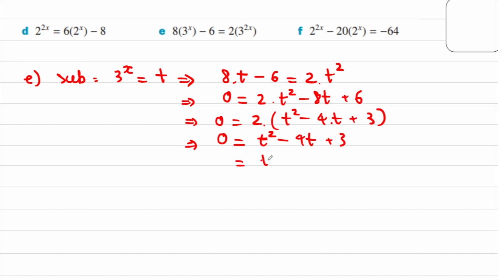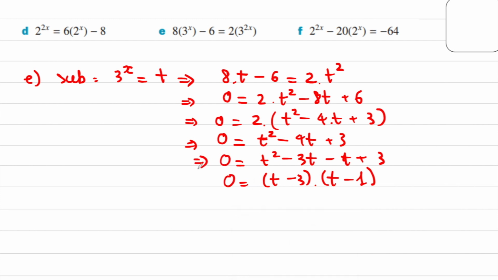So t squared minus 3t minus t plus 3, so t minus 3 and then t minus 1 equal to 0. After that, you got t equal to 3 and t equal to 1.